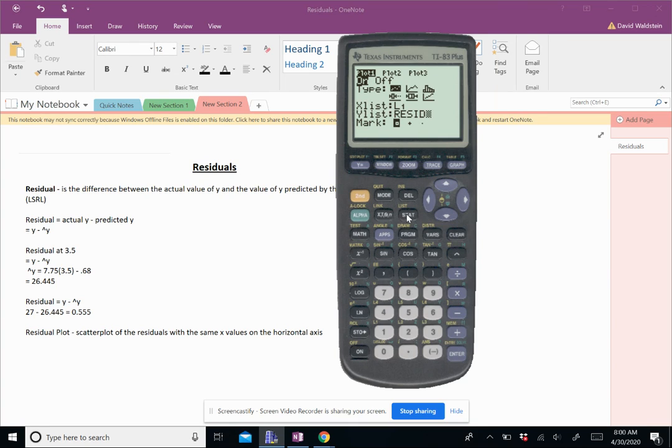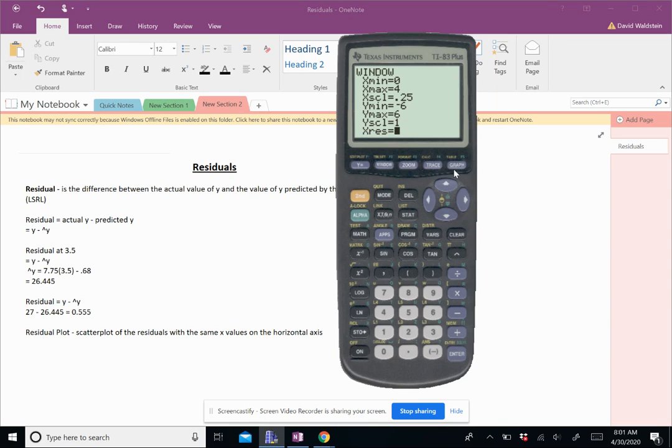Now, if we look again at those residuals, we can see that they're going from -3 and change to about 5.6 here. So that's going to influence our scale. We can keep the x scale exactly the same. The y scale, let's go from -6 to +6.